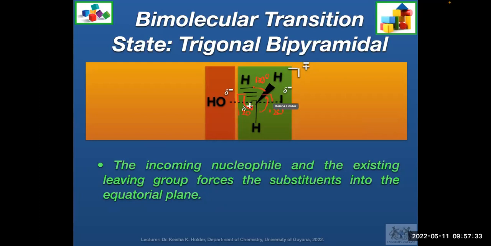So this can be drawn more carefully, where you have substituent OH and I, and then you have your hydrogen.